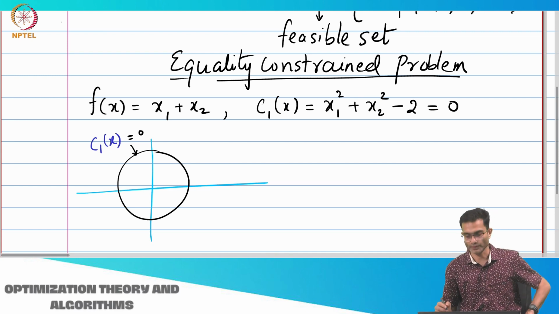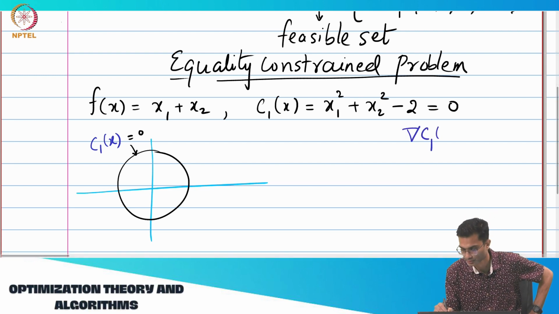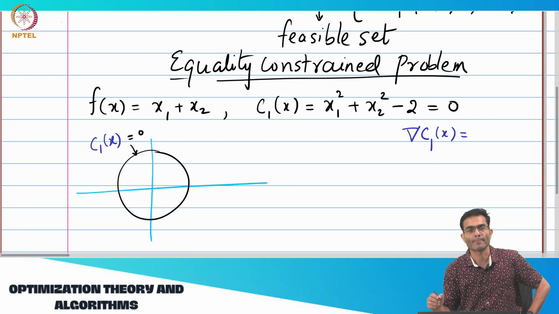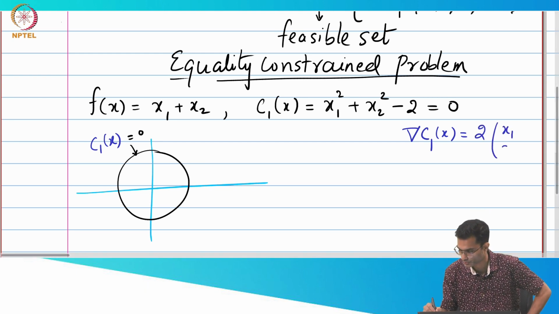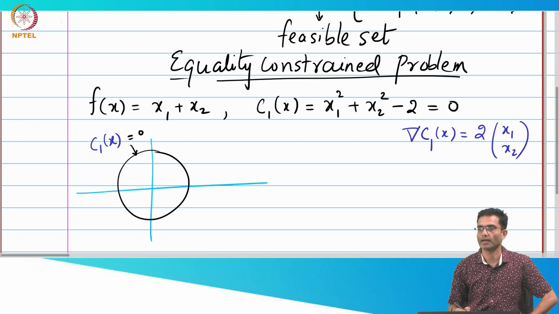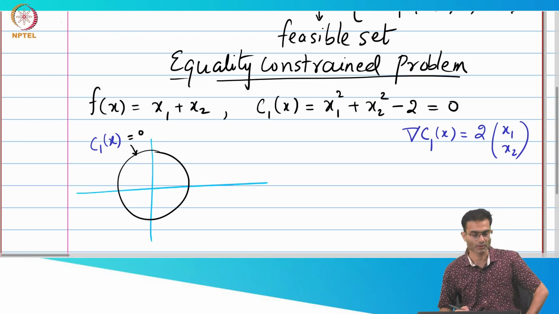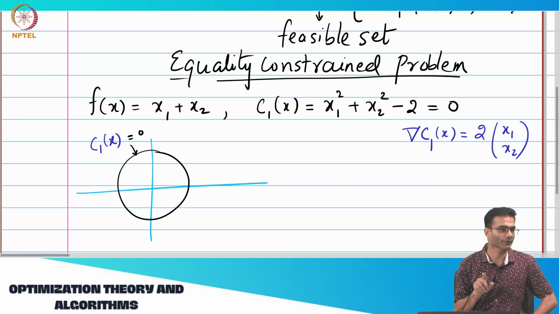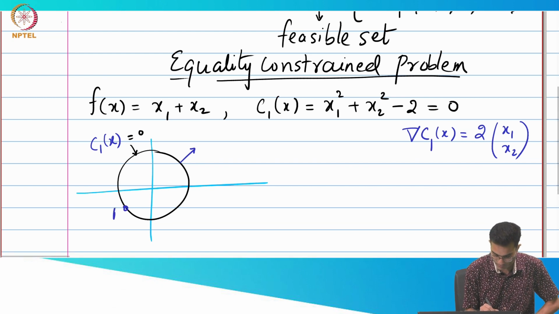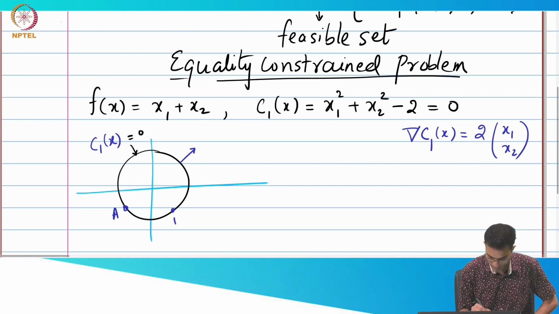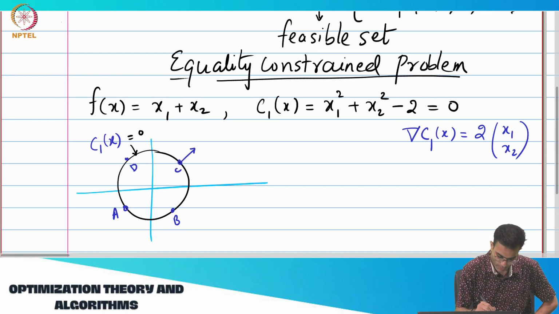We calculated grad C1 of x. What was that? 2 times x1, x2. And geometrically, this was always pointing radially outwards, right? So we'll take a few points like this. If I take 4 points over here, A, B, C and D.